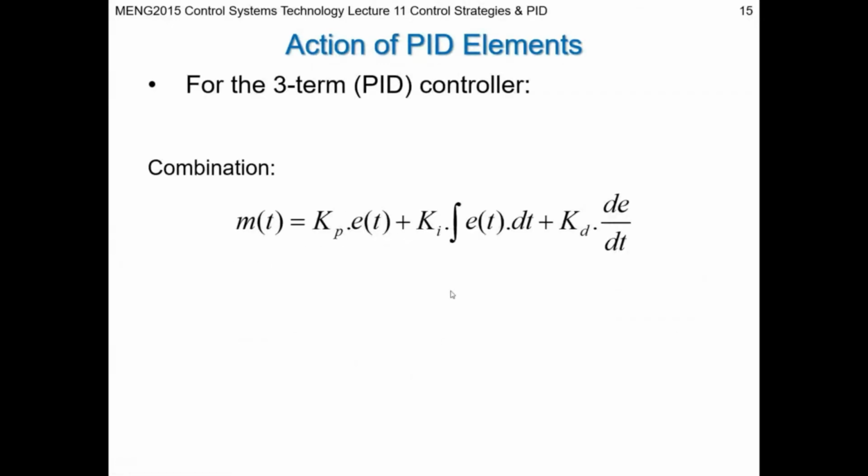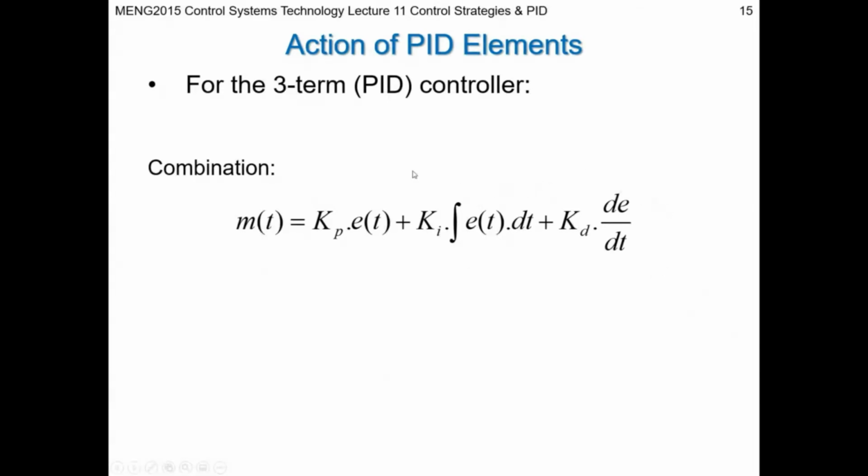So we can put all three together. Our overall action is going to be our proportional action times the error, that's the simple one, plus our integral action times the integral of our error over time, plus the derivative action times the rate of change of our error.